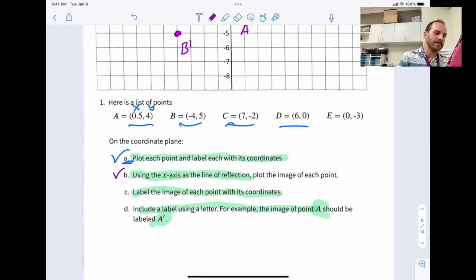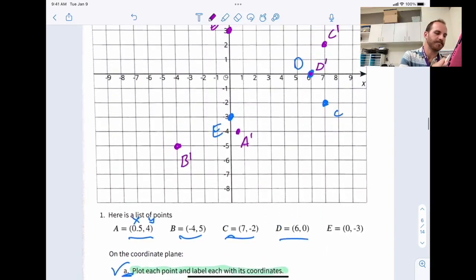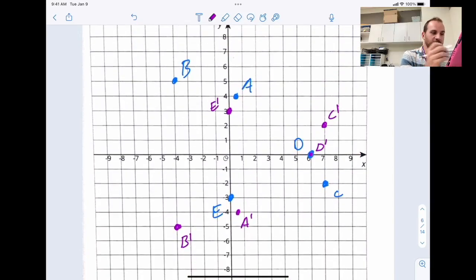Label each image, the image of each point, with its coordinates. The image of D is the same point, that same 6, 0, so nothing's changed there. C, instead of being negative 2, 7, is now positive 7, 2. Gotta get those x coordinates in the right place.